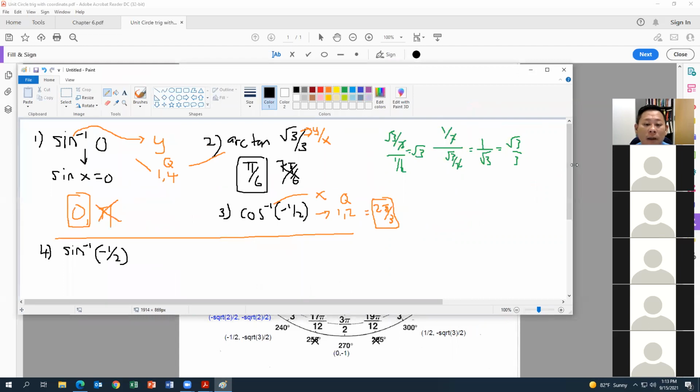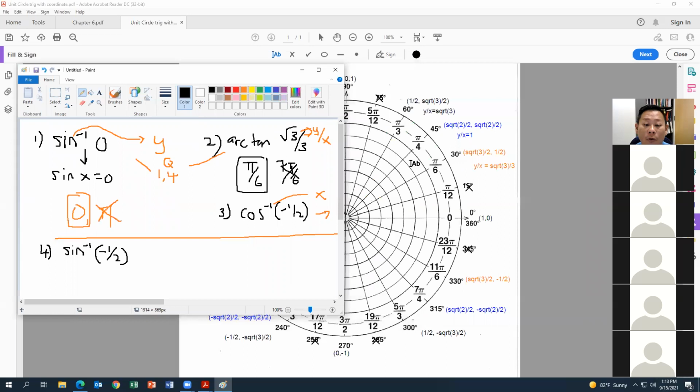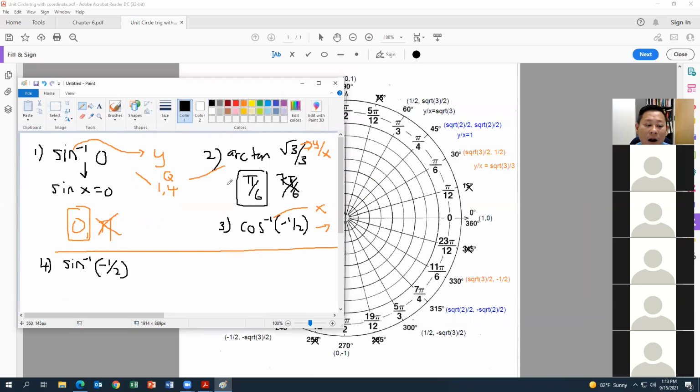Quadrant 1 and quadrant 4. 1 is positive, 4 is negative. So what is the arcsine of negative 1/2? And sine is your x or y value? Sine will be the y value. So can someone tell me what your answer will be in this case?